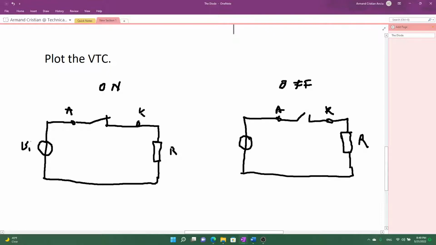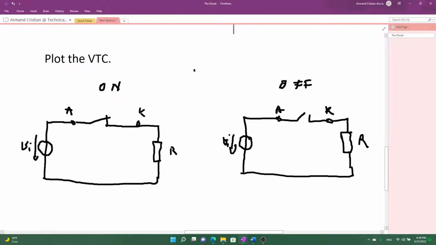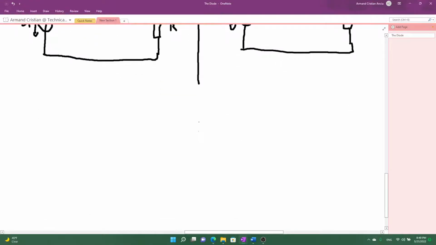At this point, we don't really care about the resistor because we are only interested in seeing what happens from a theoretical standpoint. Okay, so these are the two states of our diode.